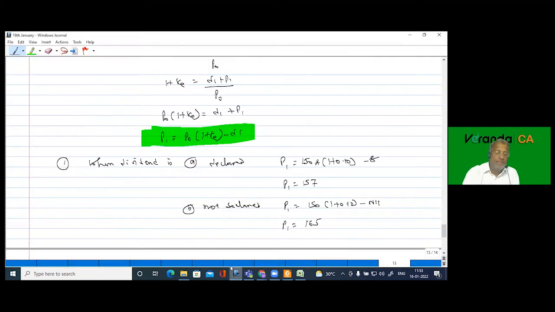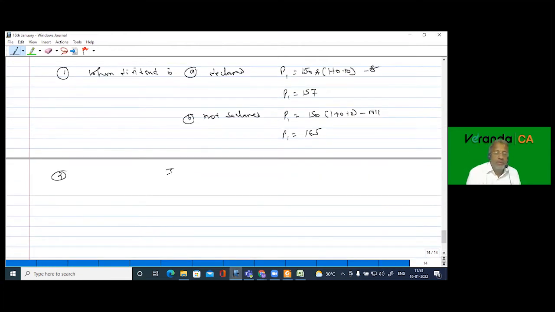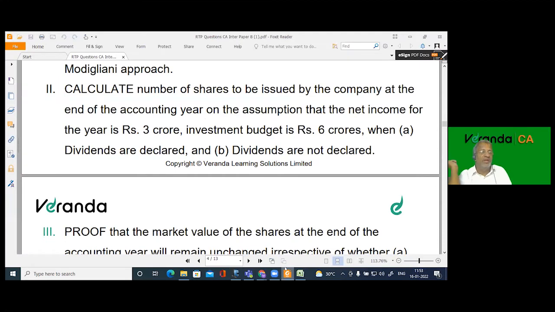Please understand, for the second part of the question, investment is 10 crores. This can be split into two: when dividend is declared and when dividend is not declared.